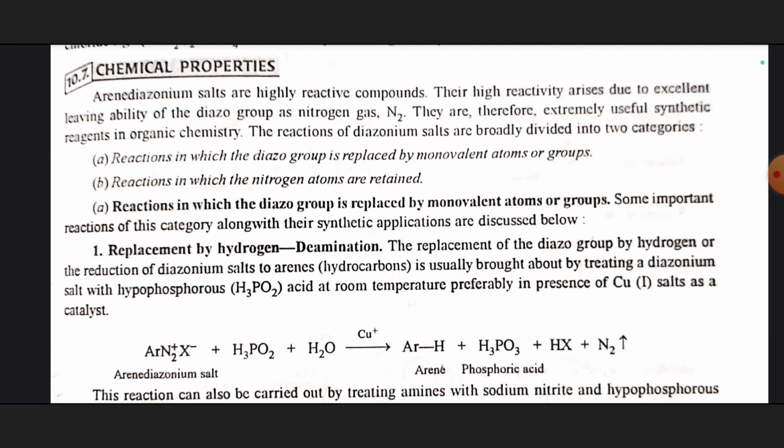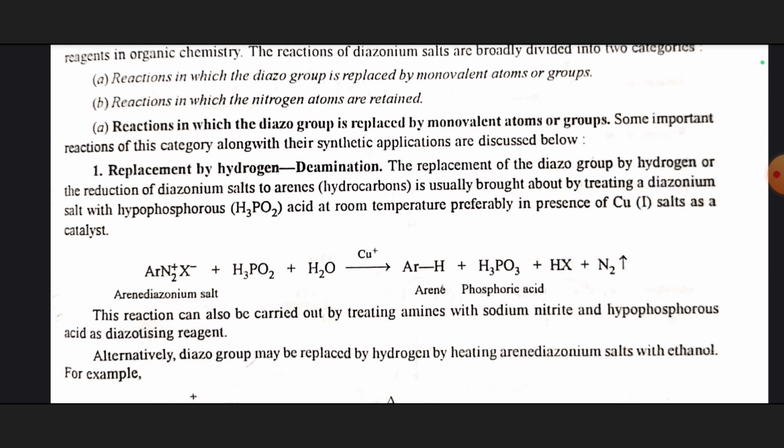First, replacement by hydrogen, deamination. The replacement of the diazo group by hydrogen, or the reduction of diazonium salts to arenes, is usually brought about by treating a diazonium salt with hypophosphorous acid at room temperature, preferably in the presence of copper(I) salt as a catalyst.